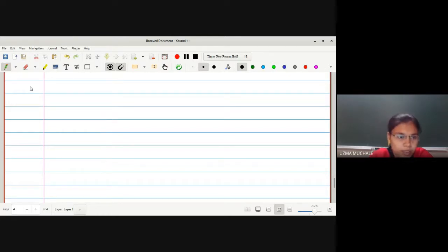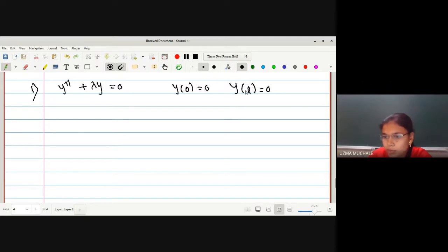I hope everyone is writing the example because you have to appear for the physical examinations. So we have y double dash plus lambda y is equal to 0, and the conditions are given: y of 0 is 0 and y of l is equal to 0. This is our equation 2 and this is our equation 1.